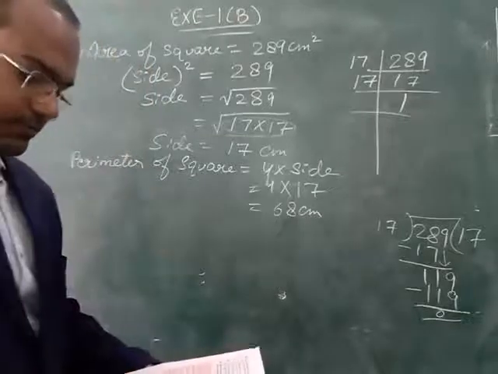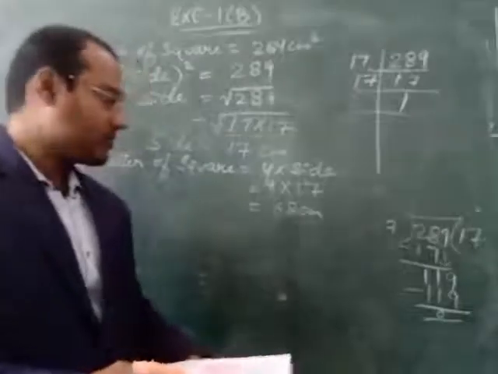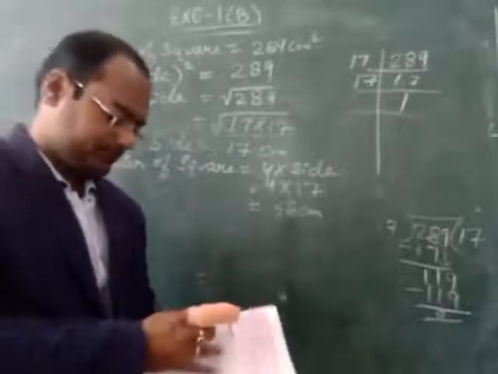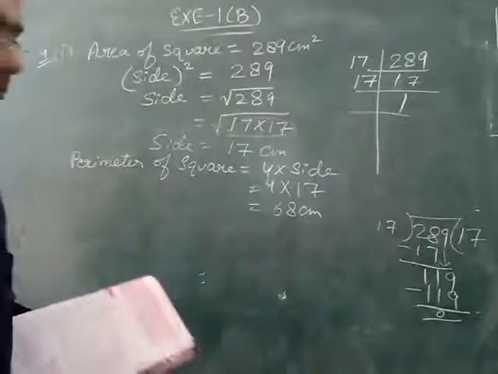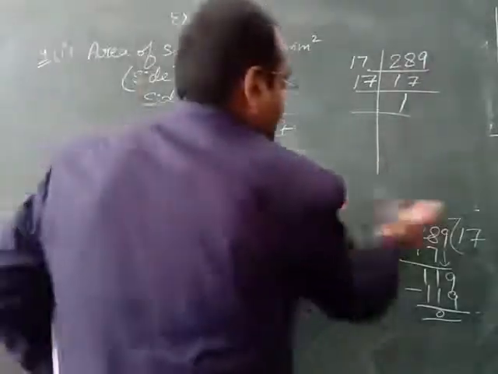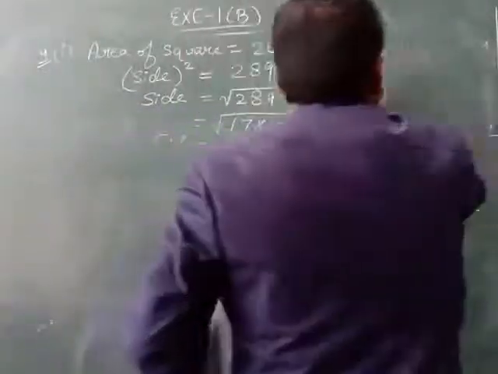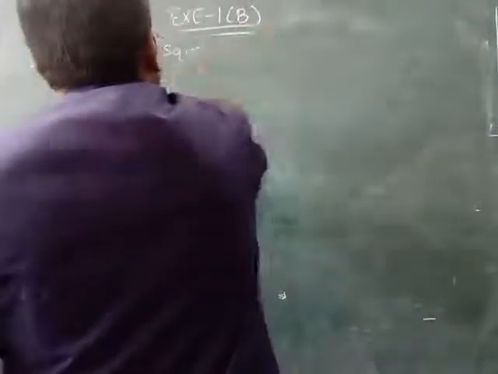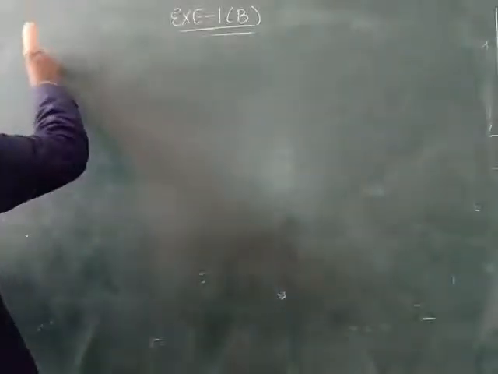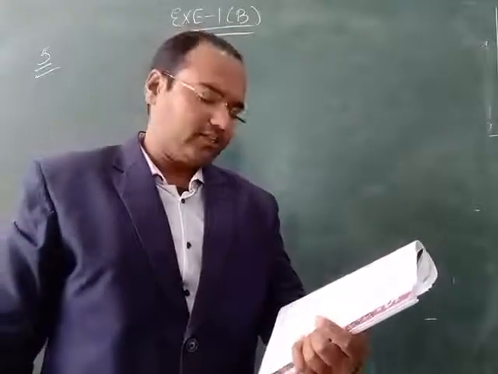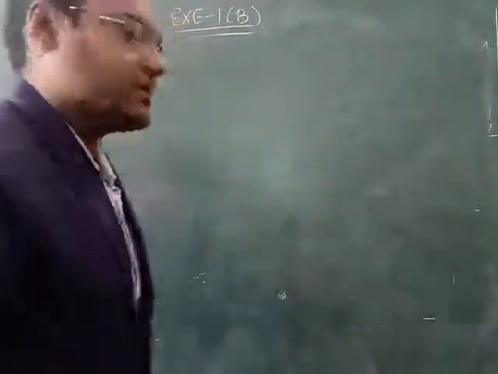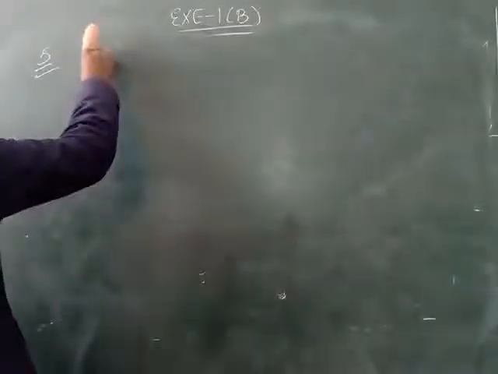Now come to question number 5. Fifth question: the area of rectangle is 168 centimeter square. What is given here in the question?